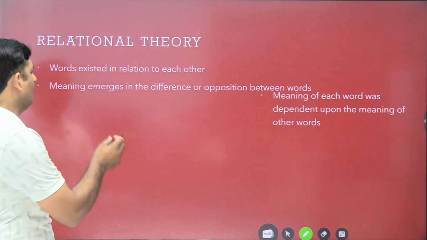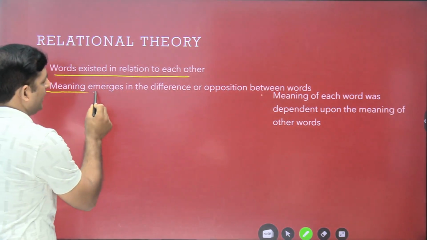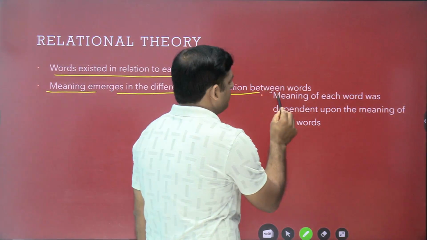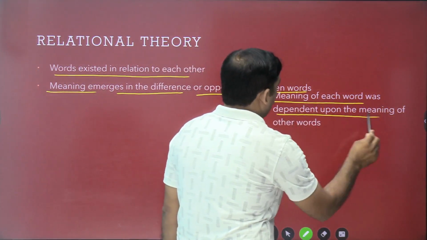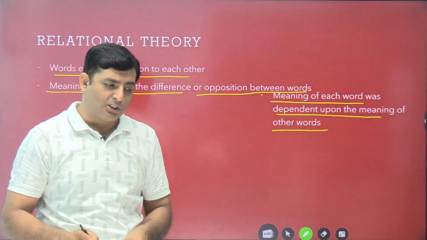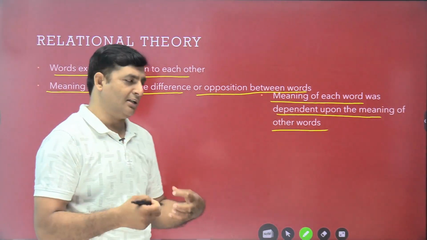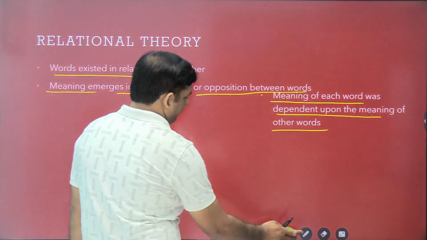Words exist in relation to each other, and meaning emerges in the difference or opposition between words. The meaning of each word is dependent upon the meaning of other words. Let us come to an example, just wait a bit more.